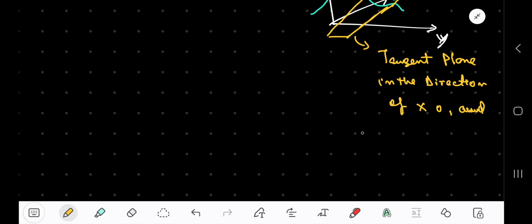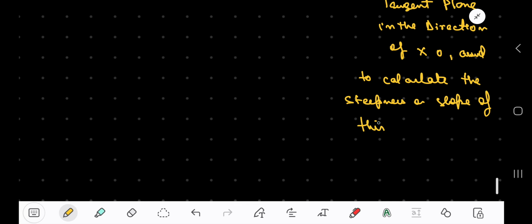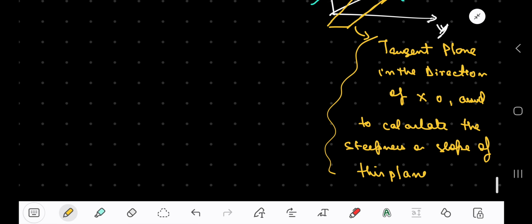And what I want to calculate is the slope of this tangent plane, the steepness. Fine. So this can be thought of as some geometrical intuition behind this.